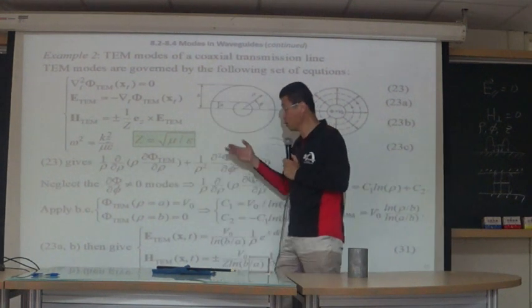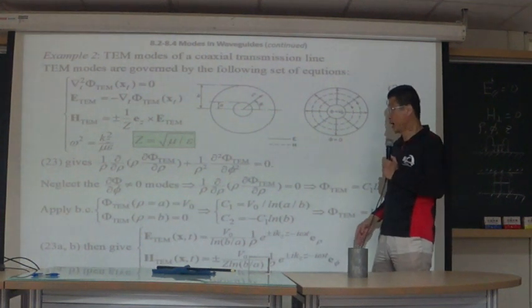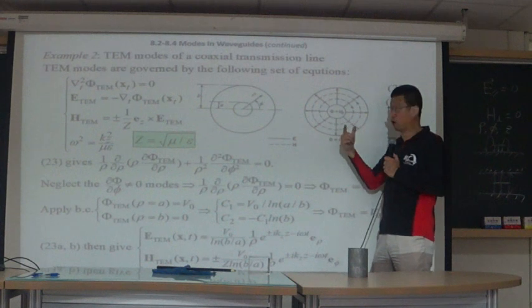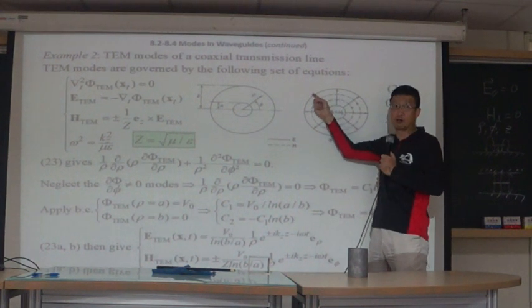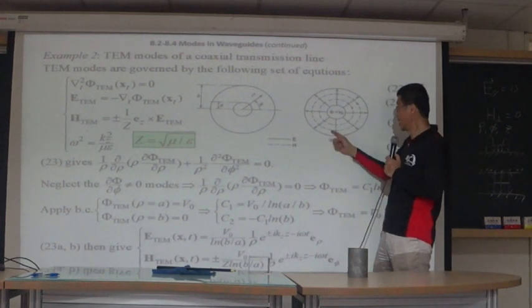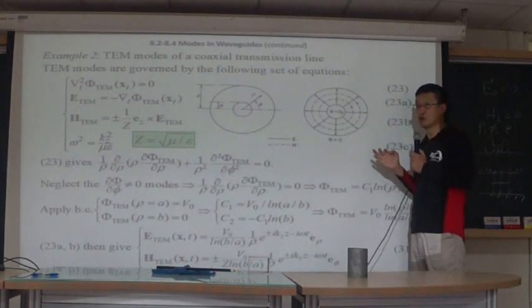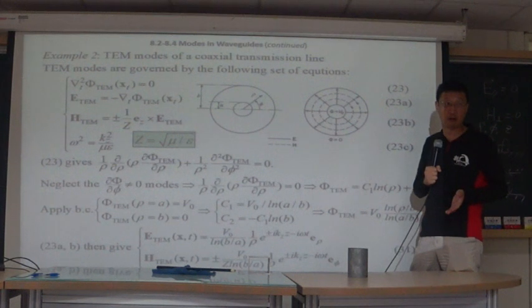So we just consider this case. If you want to draw the potential, it looks like here, from the inner conductor to the outer conductor, and symmetric. Azimuthal symmetry means independent of the angle.